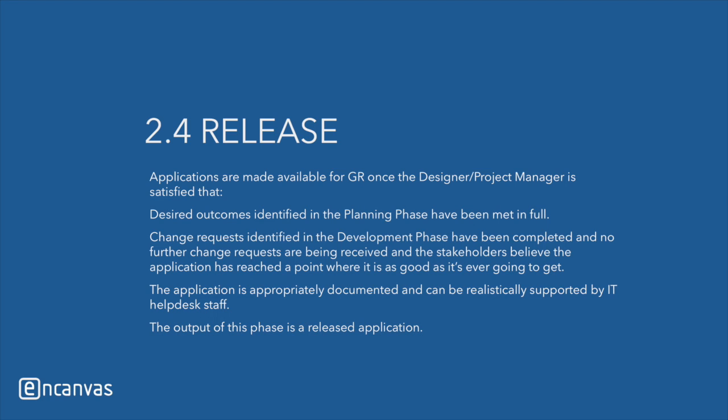There needs to be a general agreement between the stakeholders and the business analyst that the application has reached a point where it's as good as it's ever going to get. The application is appropriately documented and can be realistically supported by IT help desk staff. The output of this phase is a final released application.